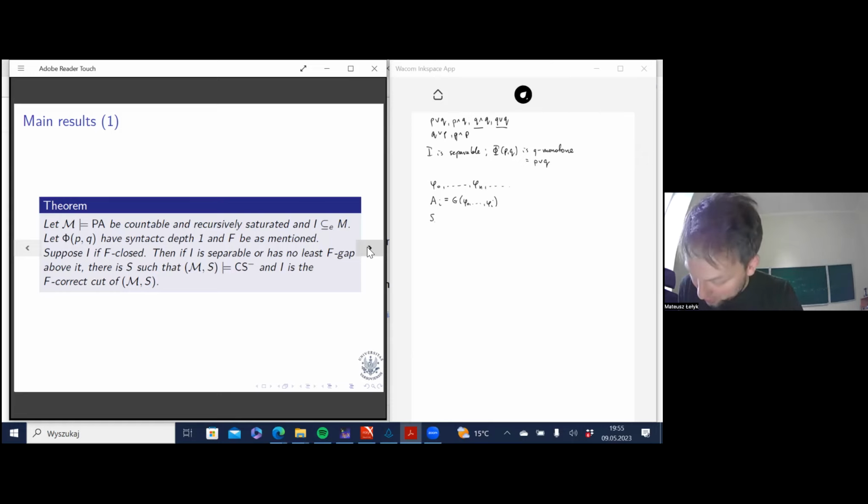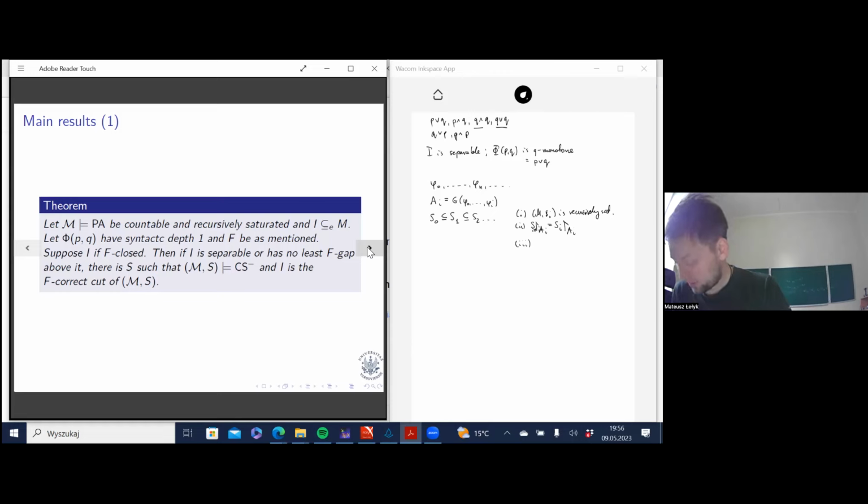So then we shall construct a sequence of satisfaction classes S_0, S_1, S_2 with the following properties. First of all, (M, S_i) is recursively saturated. Secondly, when you take S_{i+1} and restrict it to A_i, then it agrees with the previous satisfaction on A_i.